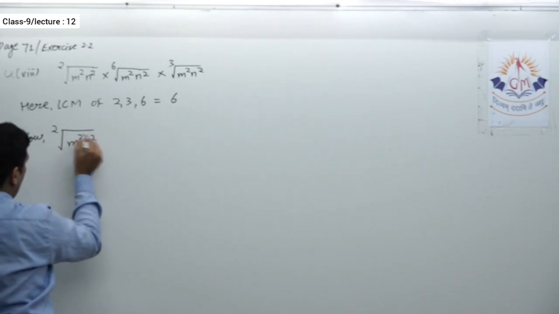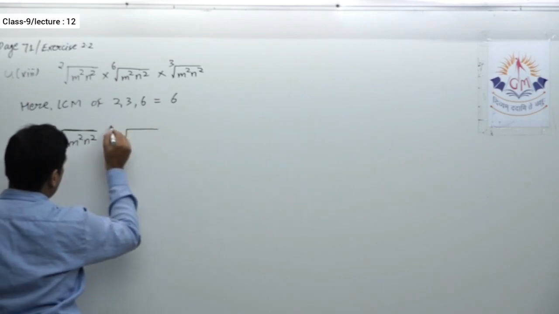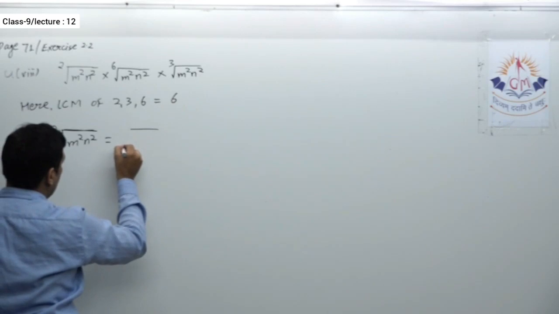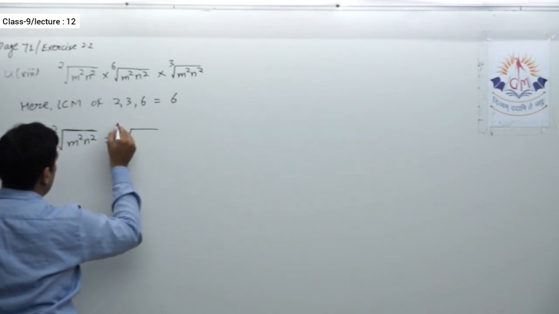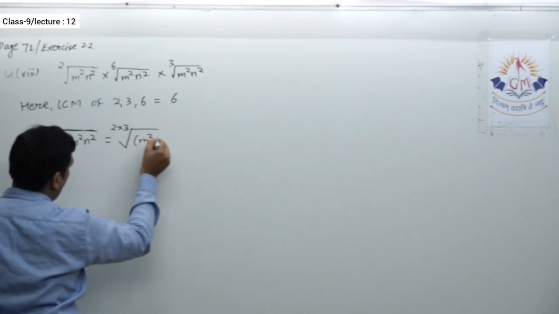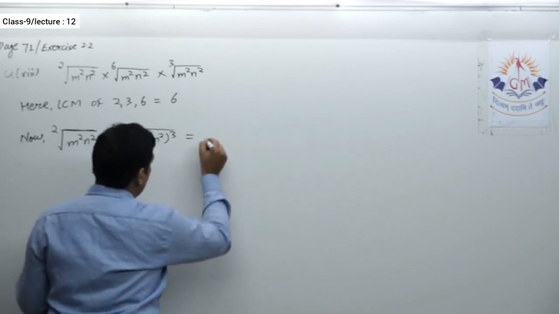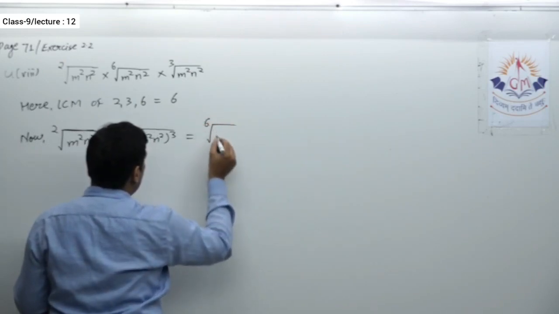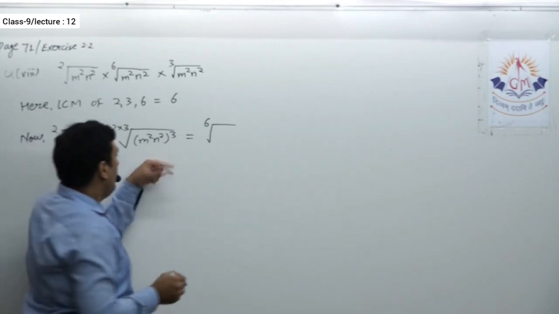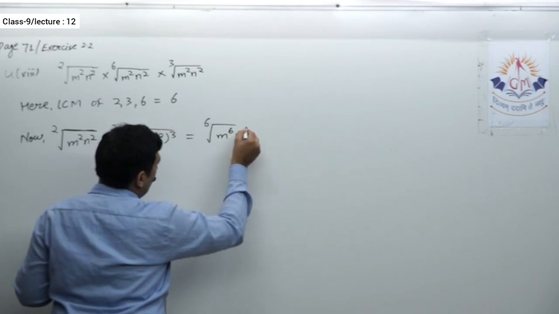So here it is m square n square. To make it 6, I need to multiply by 3, so I have to raise the power of this by 3. So ultimately this will become sixth root of, now over here I have to apply the power to power law, so this will become m raised to 6 n raised to 6.